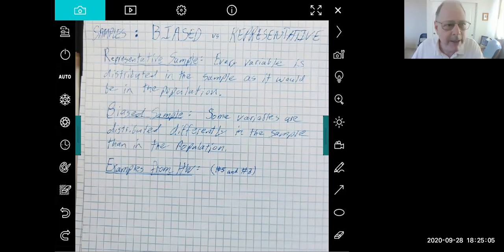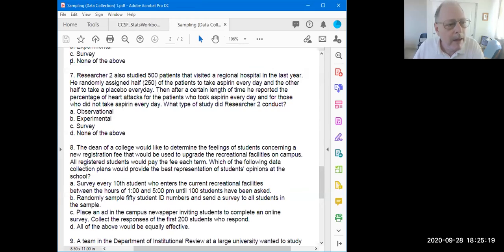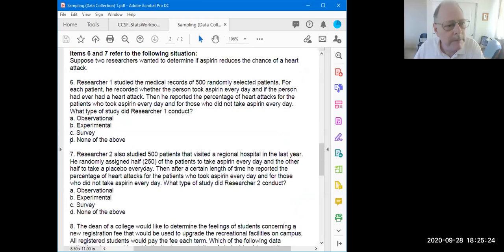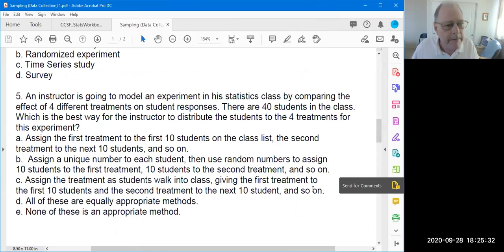So, let me switch over here to this worksheet from the homework. And question 5 here is one that we need to talk about.